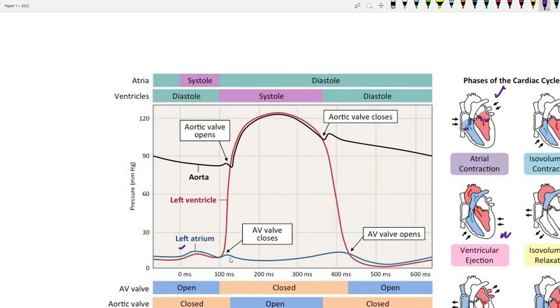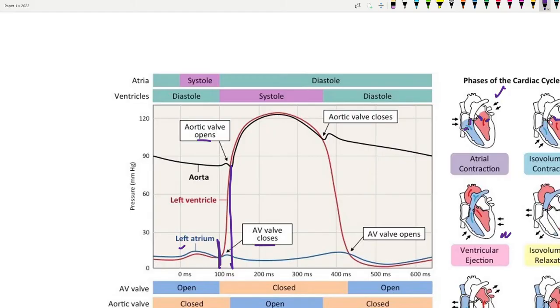Now afterwards, when the ventricle starts contracting, there will be a moment when basically the lub dub, these sounds, the lub is actually due to the closing of the atrioventricular valves, or the tricuspid and bicuspid valve. So there will be a moment where, look here, just when the ventricle starts contracting, the atrioventricular valve will be closed and the semilunar or the aortic valve will also be closed during this time span.